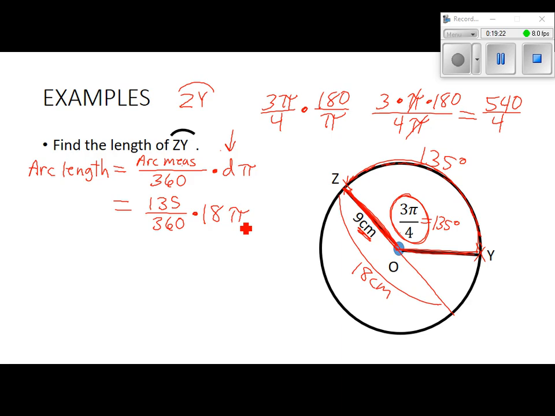And we just plug this into our calculator. 135 divided by 360 equals, and then times 18, then times pi. And I get that the arc length is about 21.21. We'll go out to the hundredths place since that's what we've been doing, and our units are centimeters.